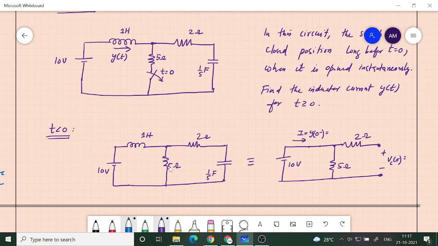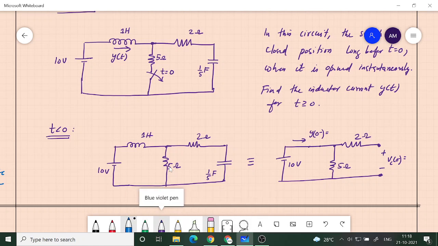It's a simple circuit, right? So what is the problem? What is Vc of 0 minus and y of 0 minus? Current is called y of t, so I am calling it y of 0 minus.